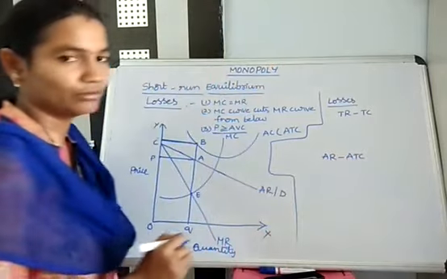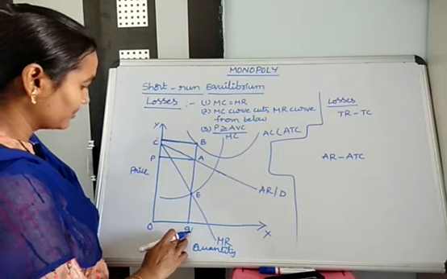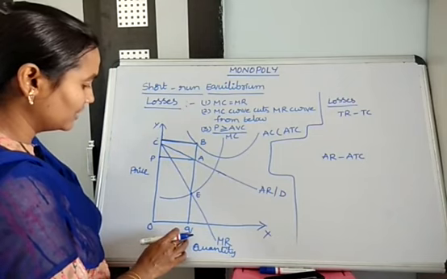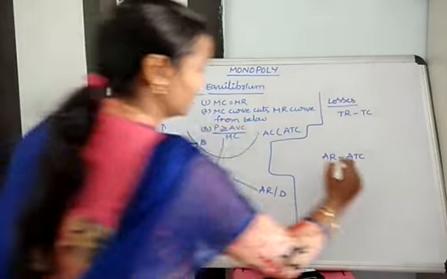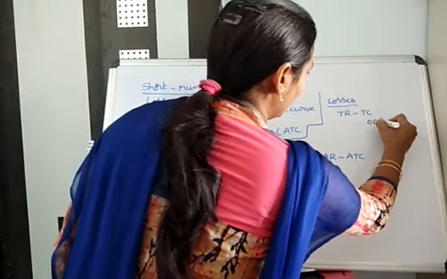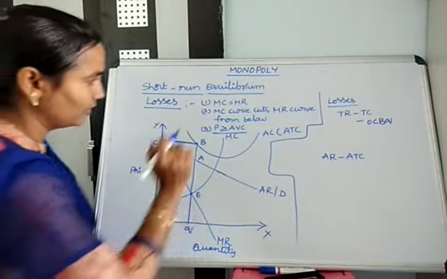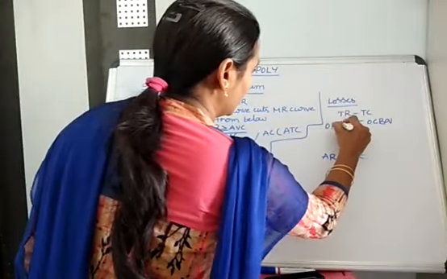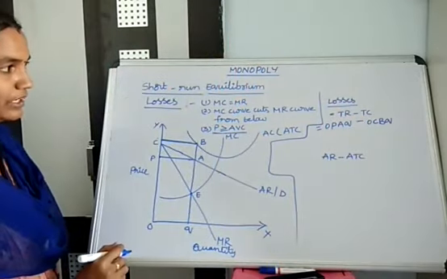These are the two ways we can show the loss. Total revenue is OQ for producing the OQ level of output. The cost they spent is at the OCBQ level, and total revenue is at the OPAQ level. So this is the total revenue and total cost.